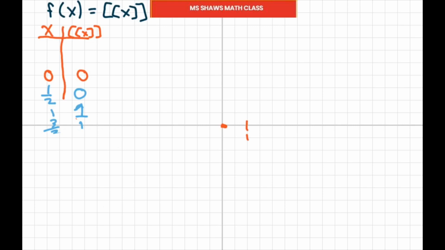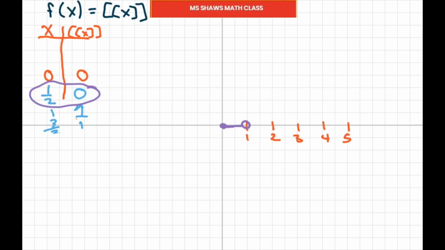I'm going to let this be 1, this be 2, 3, 4, 5. What's going on here is all the points less than 1, like 1/2 or 1/4, you round down to the integer. Remember, integers are just your whole numbers, including negative numbers. So you go there, and you do an open interval.